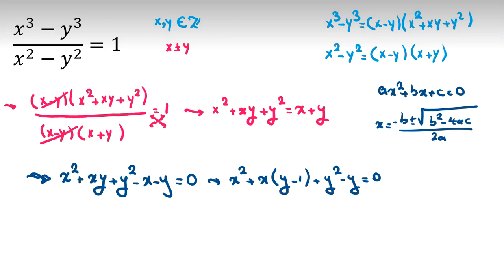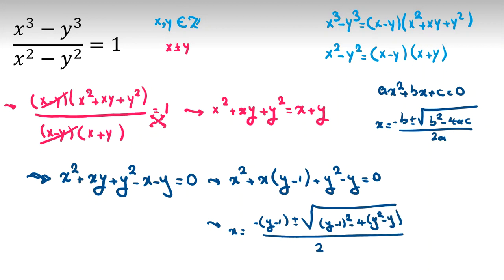Here, if you use it, x equals negative (y minus 1) plus or minus the square root of (y minus 1) squared minus 4 times (y squared minus y), all over 2a, and a is 1, so over 2 times 1. Okay, let's simplify.